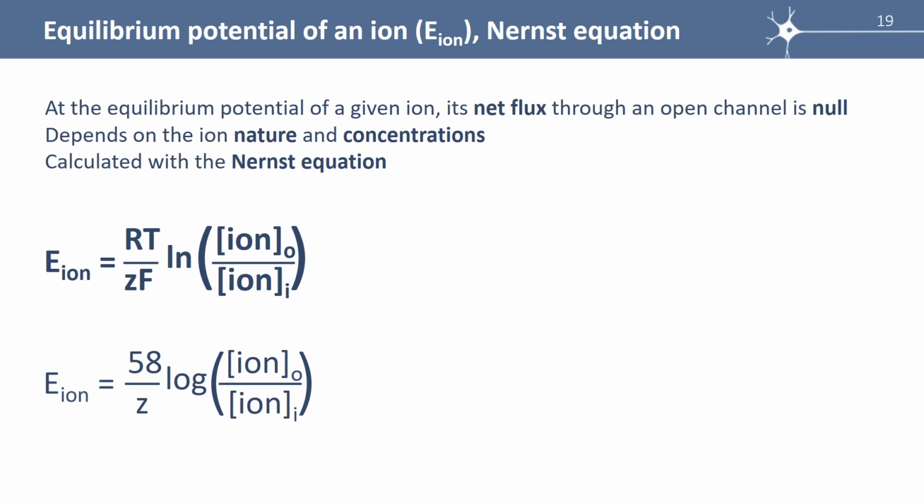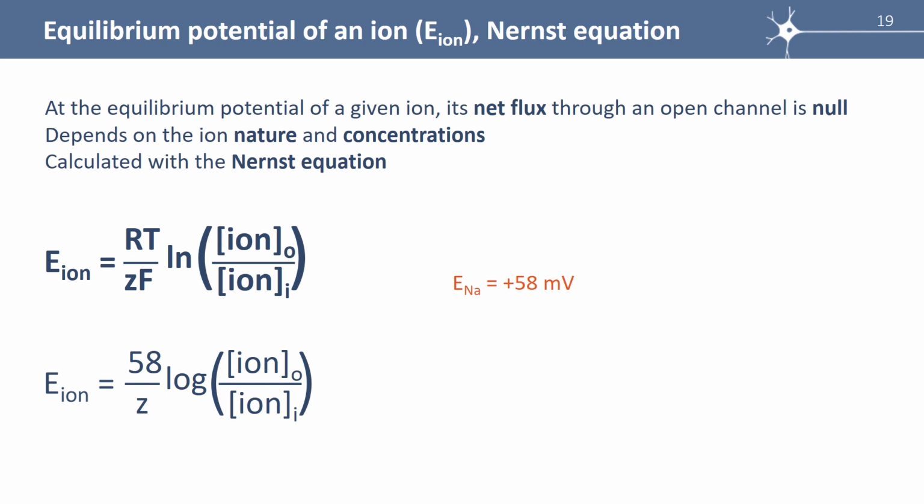What is the value of E ion for each of the ions that we have seen at the beginning of the course? If we were to calculate for the concentrations provided at the start of the course, we would see that the reversal potential for sodium ions is plus 58 millivolts.